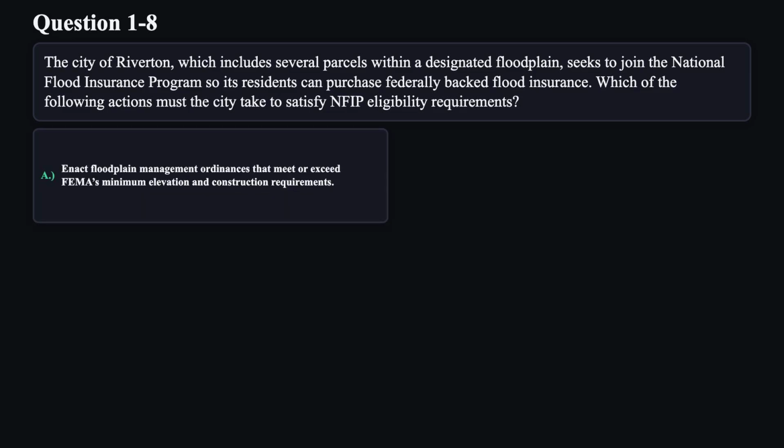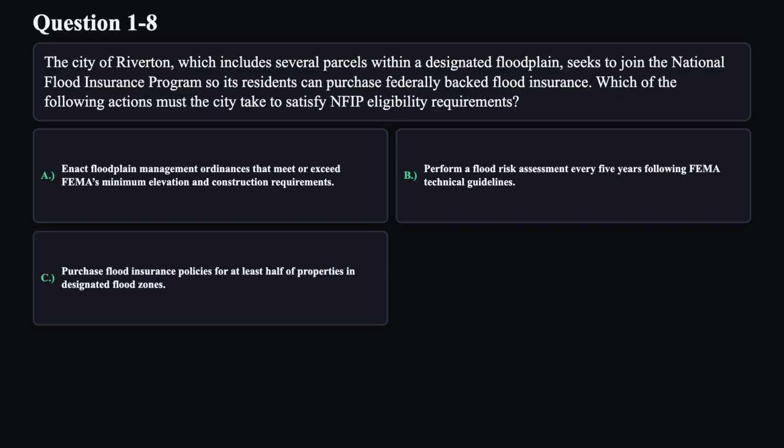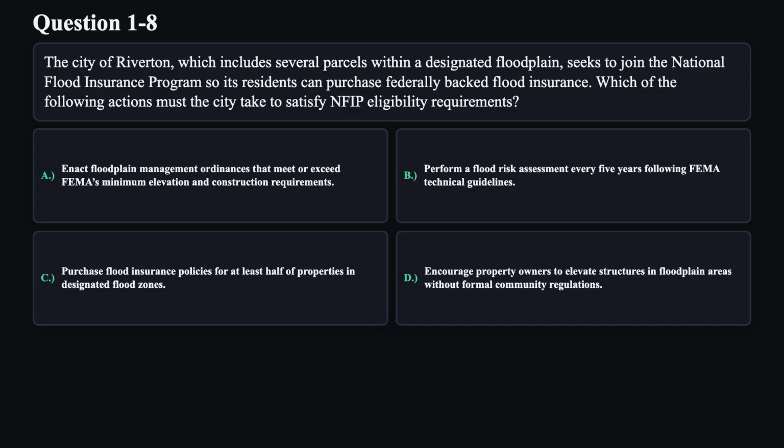A. Enact floodplain management ordinances that meet or exceed FEMA's minimum elevation and construction requirements. B. Perform a flood risk assessment every 5 years following FEMA technical guidelines. C. Purchase flood insurance policies for at least half of properties in designated flood zones. D. Encourage property owners to elevate structures in floodplain areas without formal community regulations.